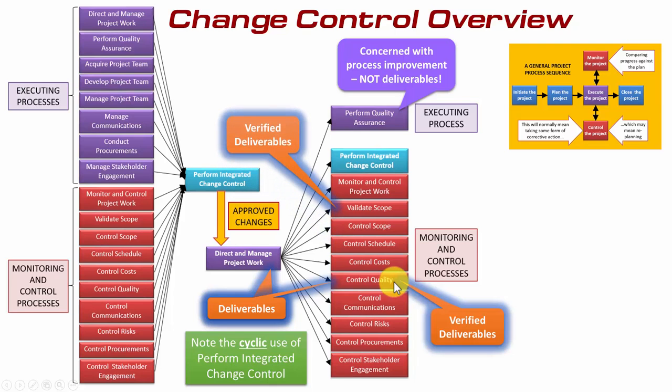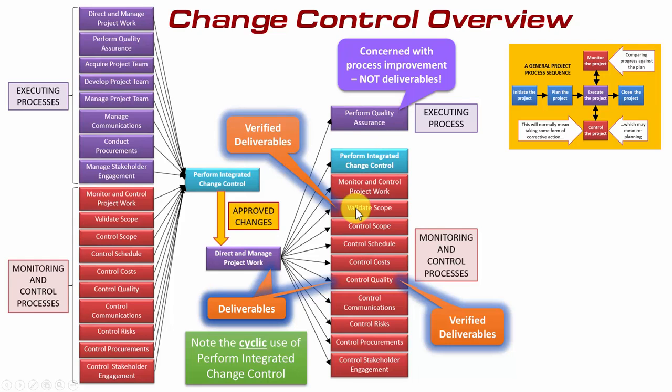However, the journey isn't quite over. You see, the next thing that happens is that the verified deliverables are then input to the validate scope process. You can see how useful this diagram is. So what's validate scope all about?